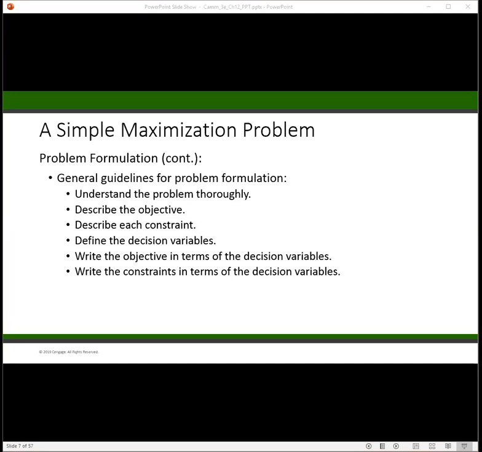We then define our decision variables, and often these are going to be quantities. And that's true in this case. The decision variables are, we must decide how many standard bags to produce and how many deluxe bags to produce. Then we write the objective function in terms of the decision variables, and then write the constraints in terms of the decision variables as well.